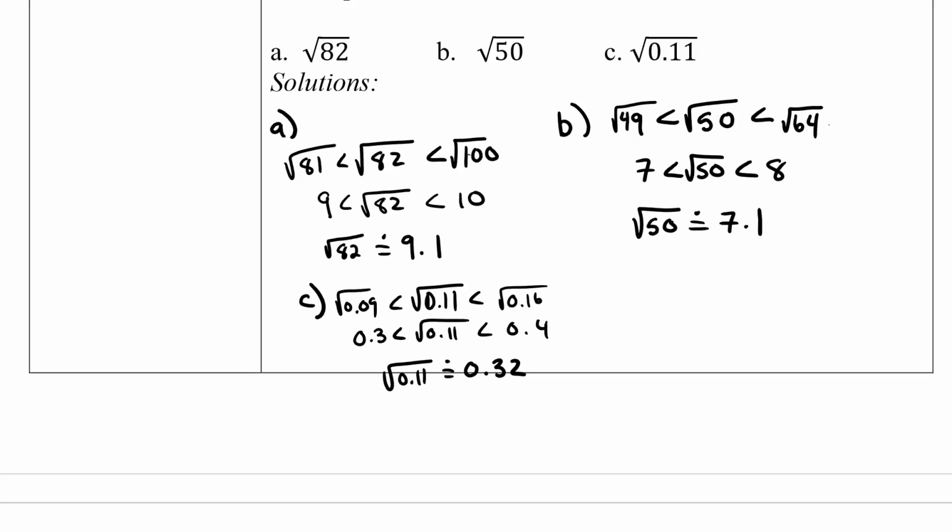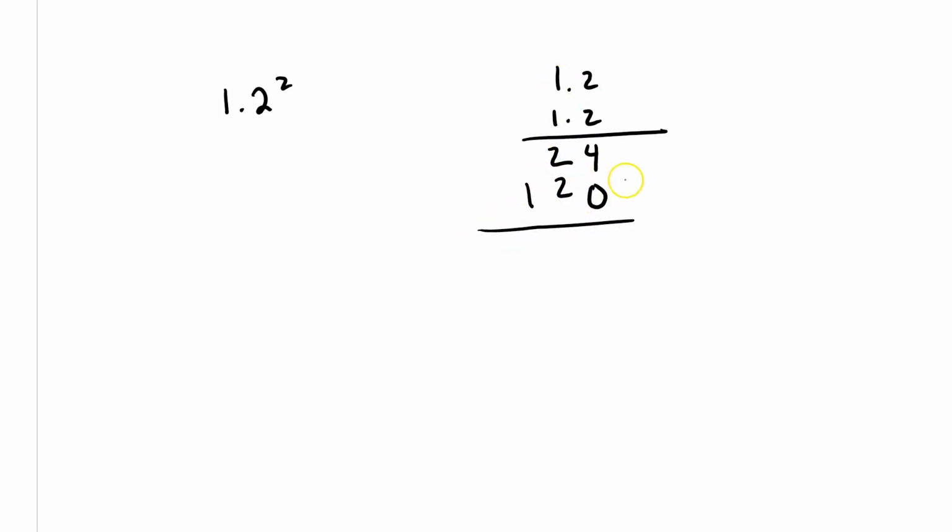Let's just try something over here. Say I would have 1.2 squared. Let's do this the old-fashioned way. 1.2 times 1.2. So 2 times 2 is 4. 2 times 1 is 2. Put a placeholder here. 1 times 2 is 2. 1 times 1 is 1. And then we add it all together. 4, 4, and 1.